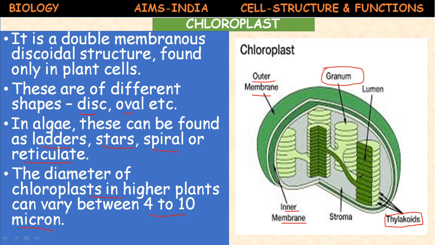This grana region contains chlorophyll, the green color pigment, where the light reaction of photosynthesis takes place. It also contains a space called lumen, and inside the chloroplast the matrix is present. The matrix of chloroplast is called stroma, where many enzymes are present. The dark reaction or carbon fixation reaction takes place in this stroma region.